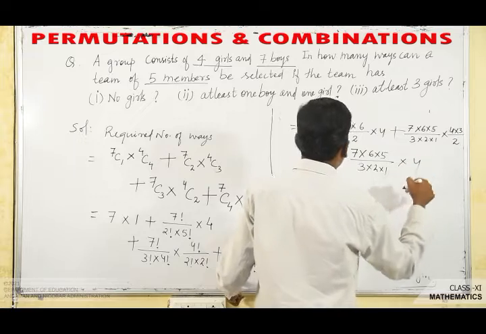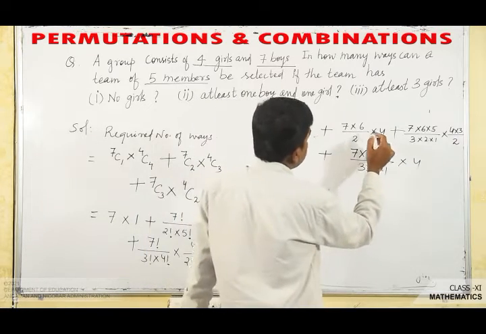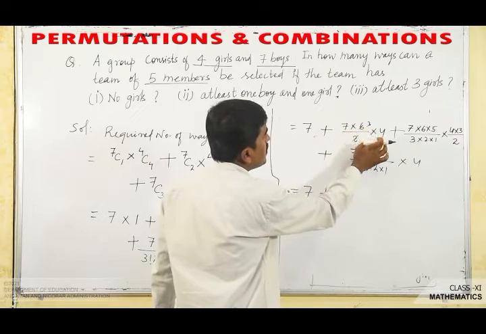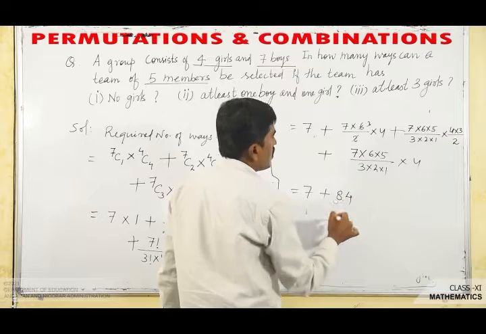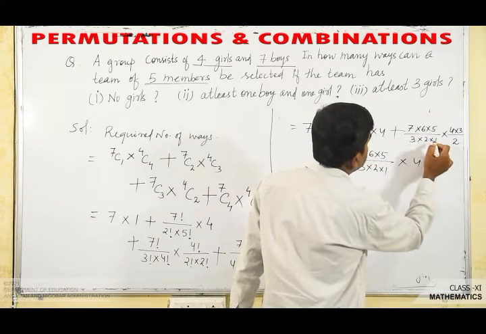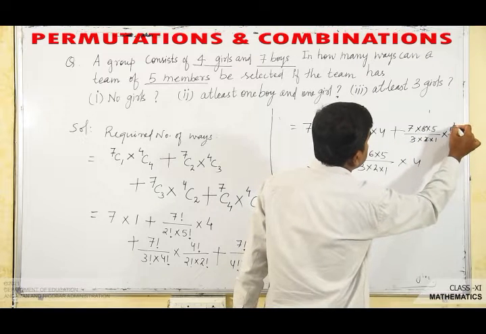and into 4, that is equal to 7 plus, now 2 3s are 6, 7 3s are 21, and it is 84. Okay, plus here we can cancel out, 3 2s are 6 and 2 2s are 4.